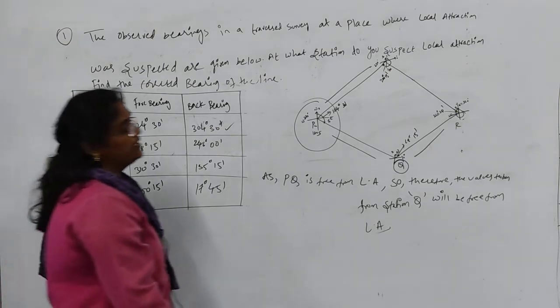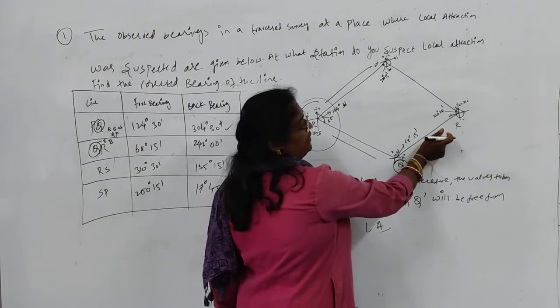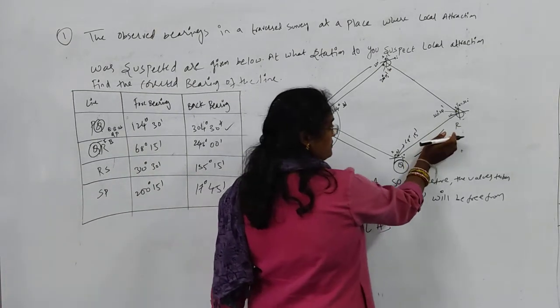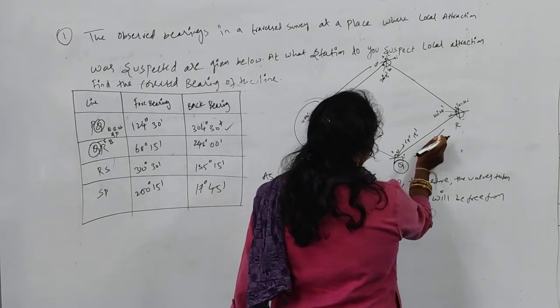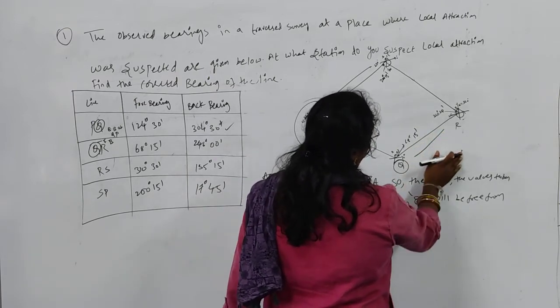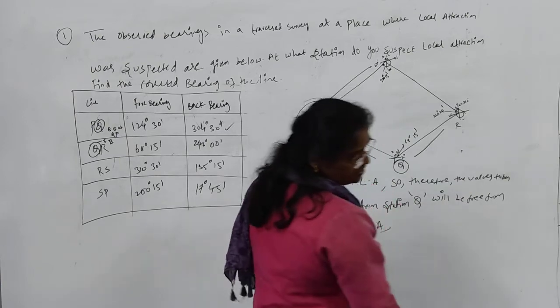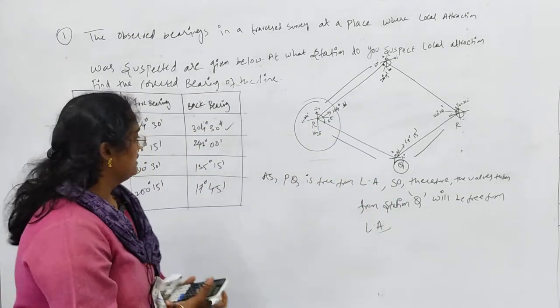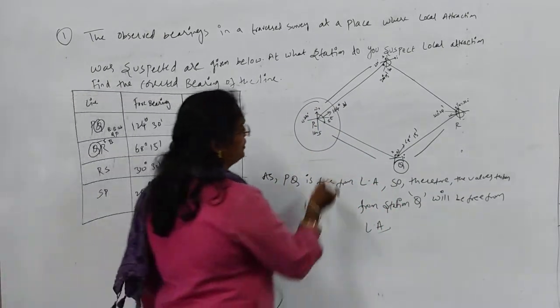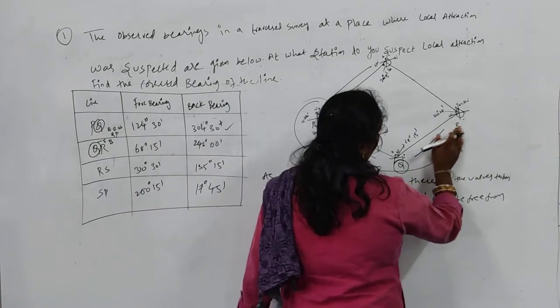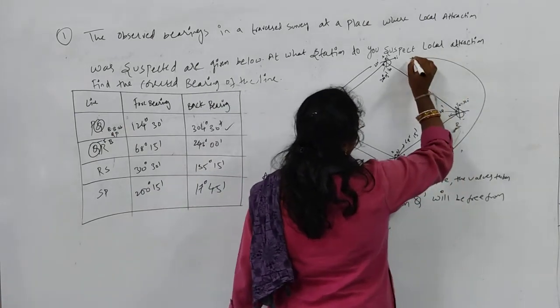So see here, we need to hold this one, correct bearing, actual back bearing, then we need to solve the problem for all the stations. So how I am going, I am taking the angles like this.